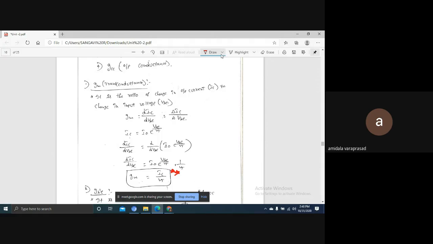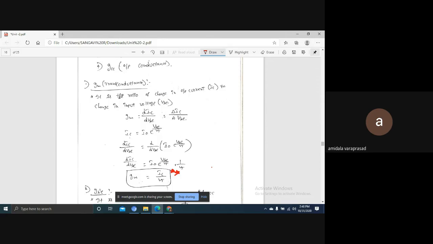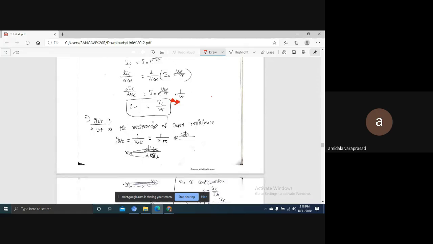We already found this transconductance. Next, GB dash, which is the reciprocal of input resistance. GB dash is equal to 1 by RB dash E, that is equal to 1 by R pi.